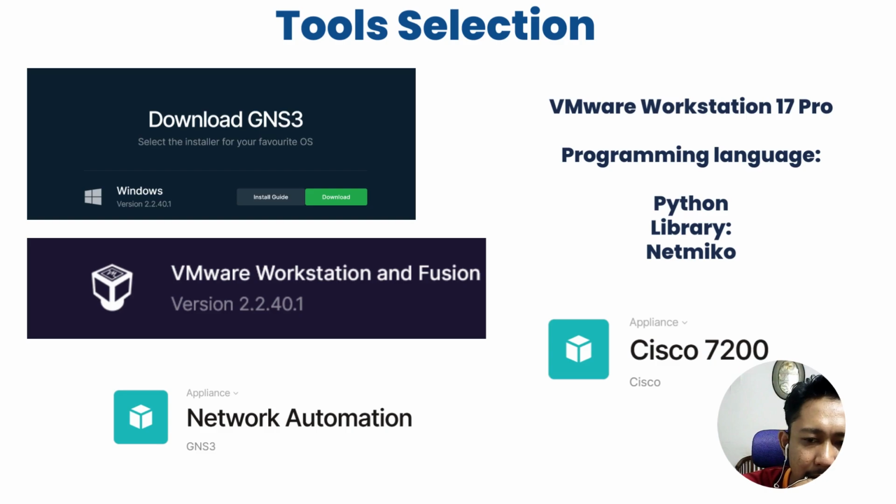And we also use Windows 10 as the operating system that provides a user-friendly interface and supports the local software tools. For the programming language we use Python 3, a powerful programming language. We also use the library Netmiko.